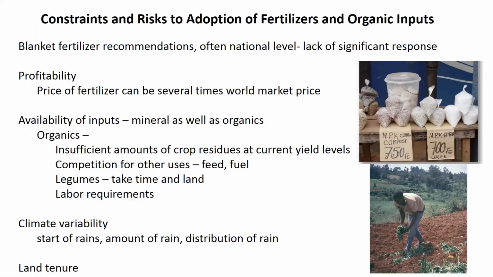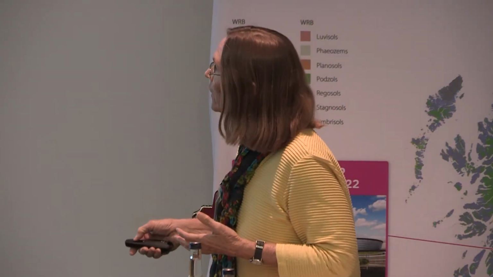Organics, people think, well, organics are out there, use them. In many of these depleted systems, they're not extra organics. They're being fed to livestock if there are livestock, or they're of very low quality because the soils are of low quality. And so they're not very good in terms of replenishing soil nutrients. They're competition for other uses of crop residues and other organics, for feed, for fuel.